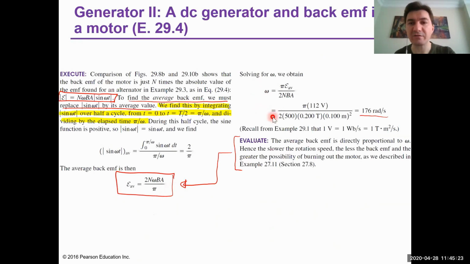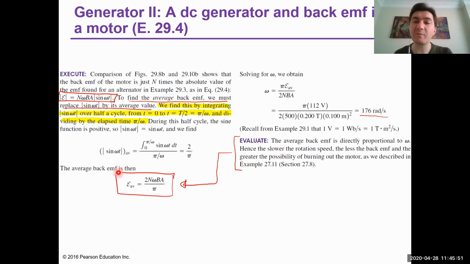You can calculate the rotation speed, which is 176 radians per second. Look at this one: the average back EMF is directly proportional to the rotation speed. If you increase the rotation speed, then EMF increases. If you decrease the rotation speed, EMF decreases.